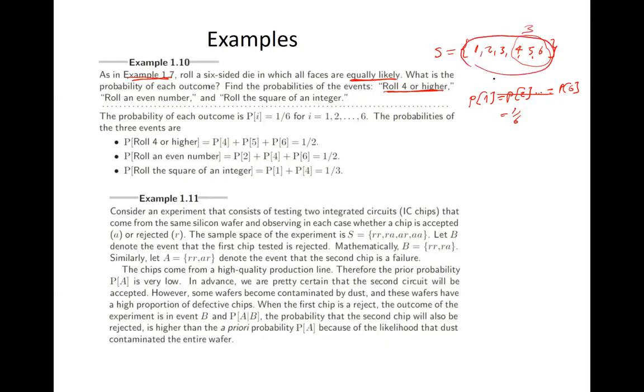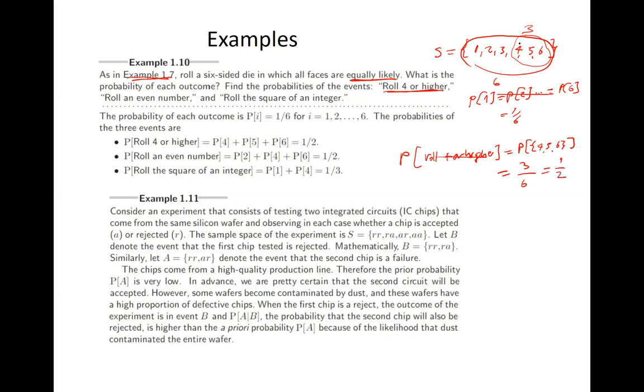It's going to be apparently, since this is 1/6, then it's going to be 3 divided by 6. Okay, so probability of, let's say, roll 4 or higher will be probability of 4, 5, 6, which is 3 divided by 6, so which is 1/2.